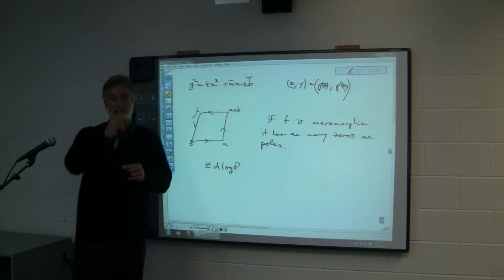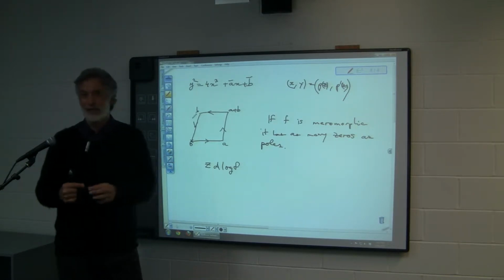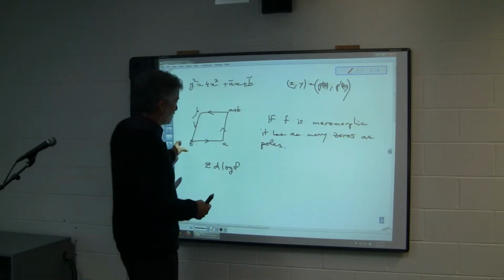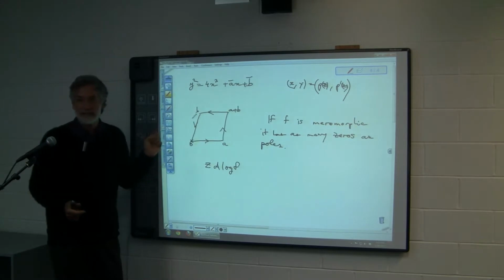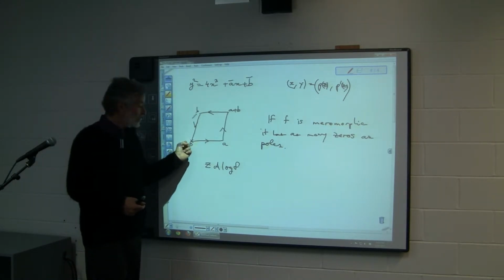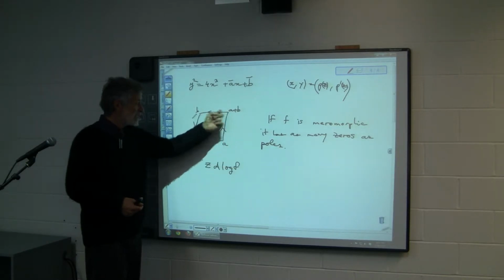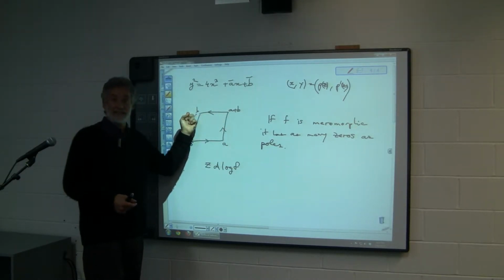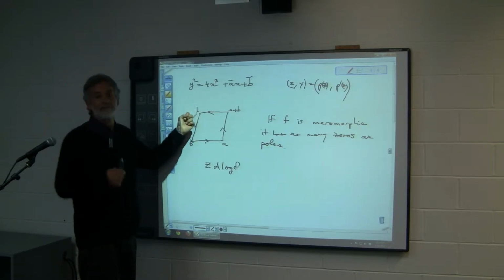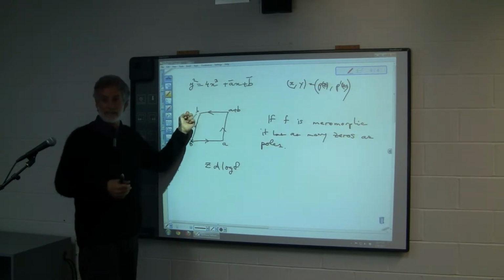If you remember, it has problems. The logarithm of a number is only defined locally. If you analytically continue it, you're not guaranteed that the logarithm on this line will be the same as the logarithm on that line. All you're guaranteed is that they will differ by 2 pi i times an integer.